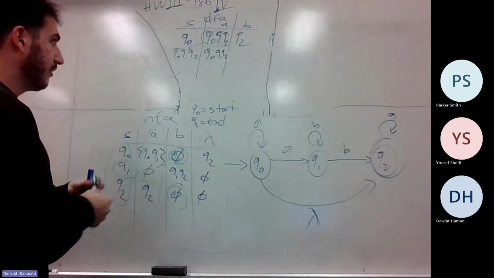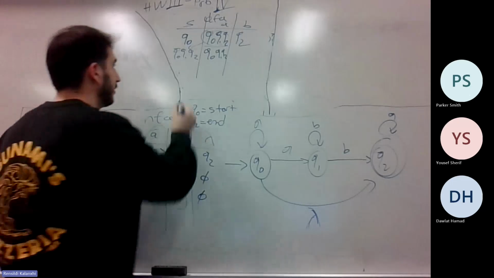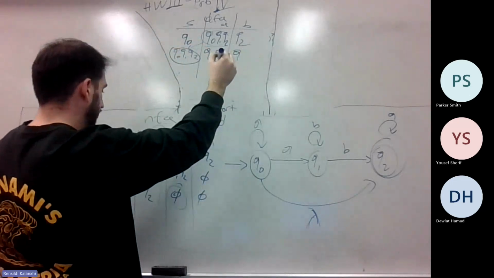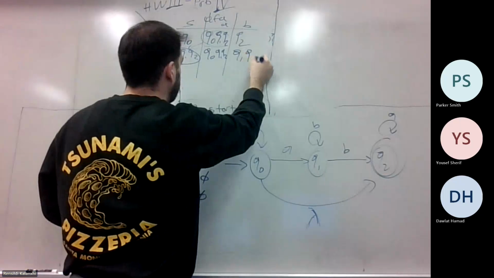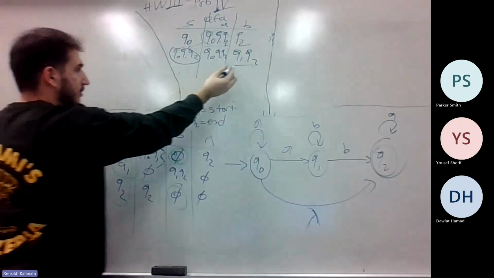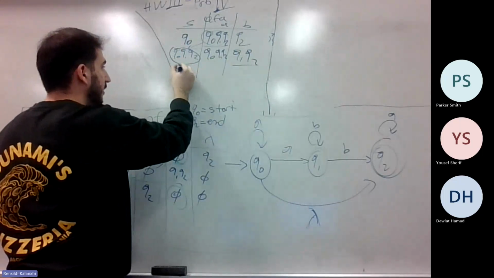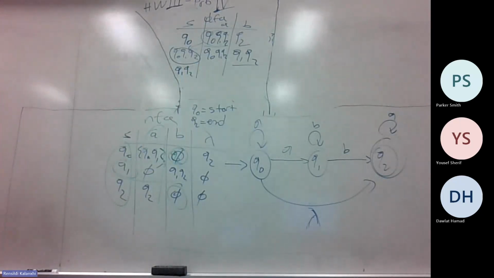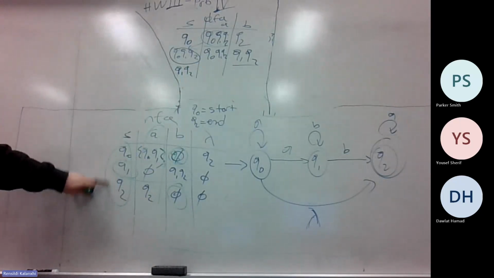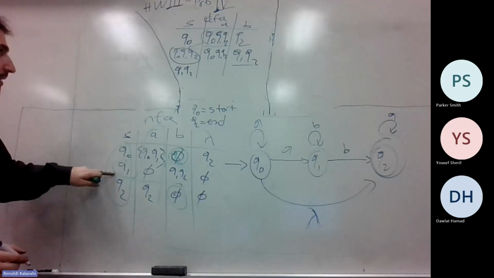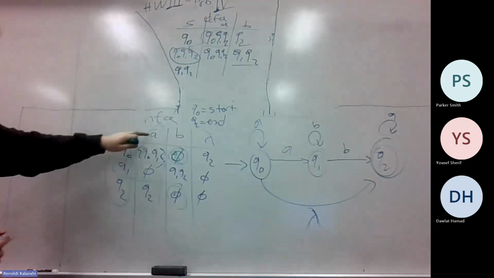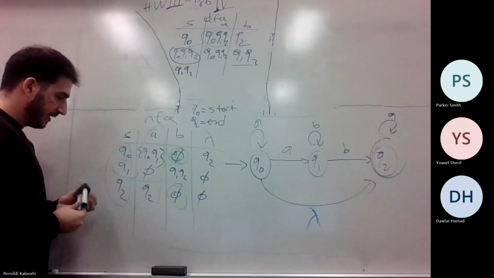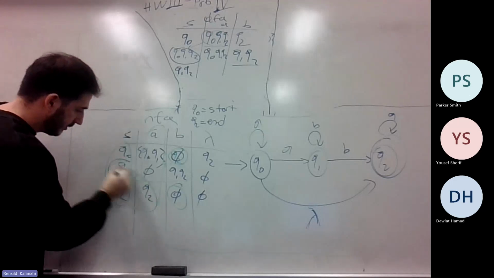So that's what we get for the B transition for Q0, Q1, Q2, which is Q1, Q2. Since we got this new state formed, we drop it down, and we look at Q1 and Q2 from the NFA table. We look for the A transition, and we see that only Q2 is connected.